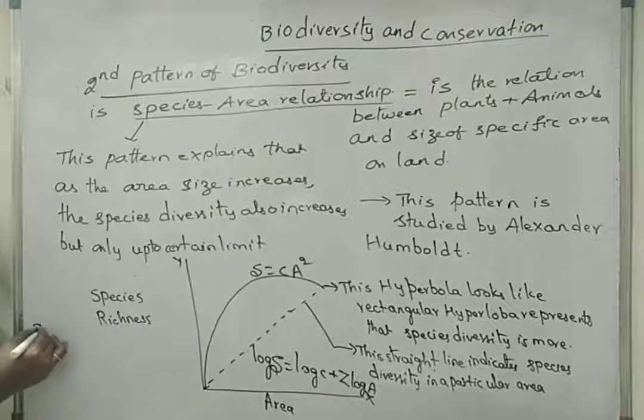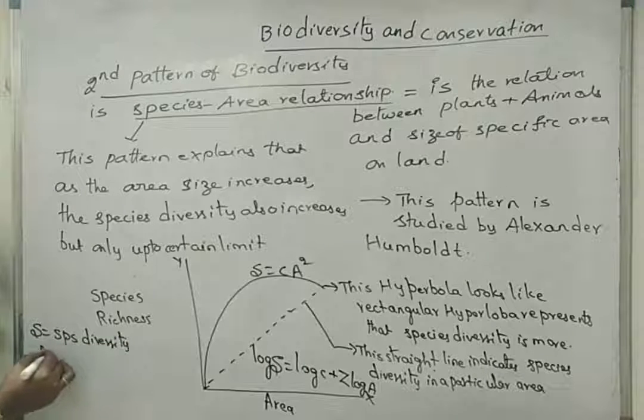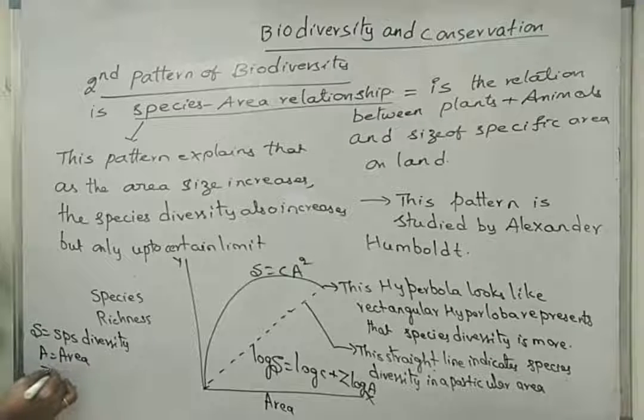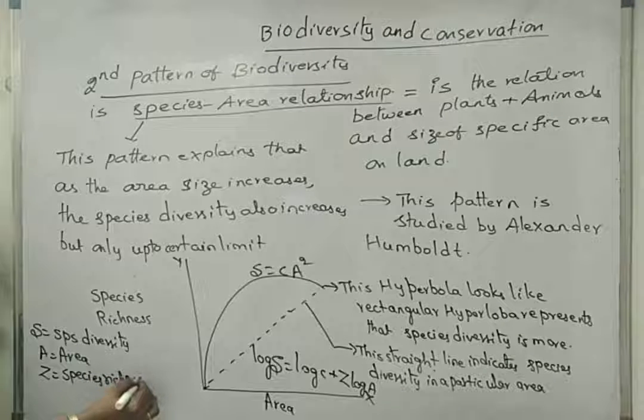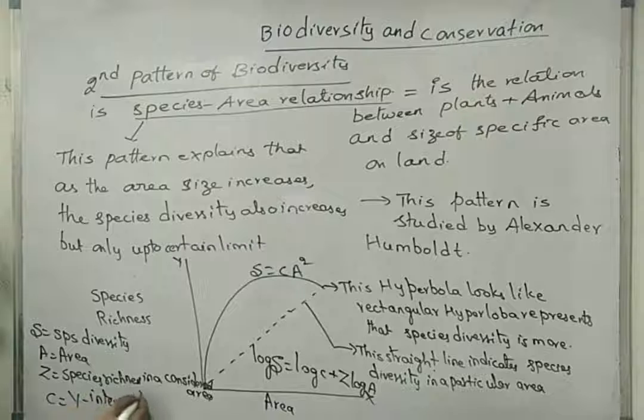S is species diversity. A is area. Z is species richness in a considered area. And C is the y-intercept. So this is the graphical representation given by Alexander Humboldt.